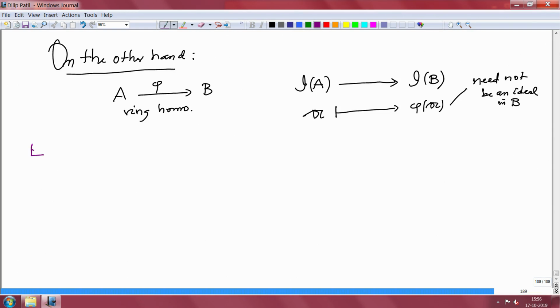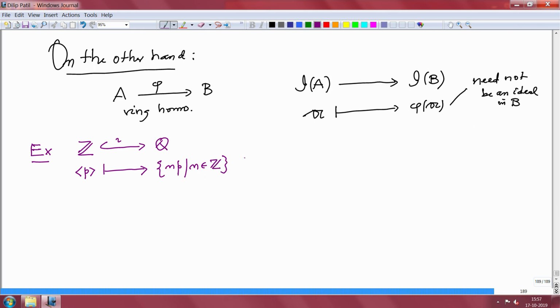Suppose I have Z, which is a ring, and Q, which is the quotient field of Z, and this iota map is a ring homomorphism. Now you take an ideal generated by P, where P is a prime number. Where does it go? These are all multiples of P, so the inclusion map sends it to n times P, where n is an integer.